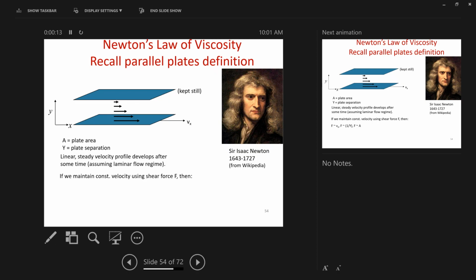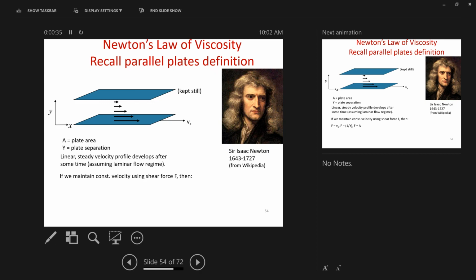So to remind you, we have a bottom plate that is moving at a constant velocity, though I refer to a general coordinate velocity Vx as well. So basically, there's Vx, this is the maximum velocity on the bottom plate, and the top one is kept stationary, so that's where my Vx and all other velocities are 0.